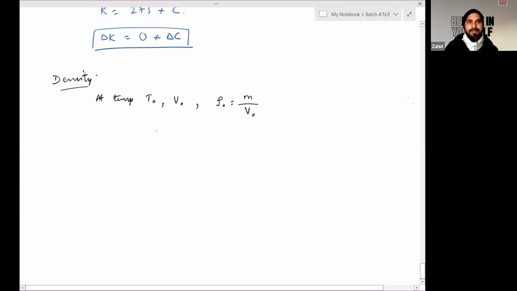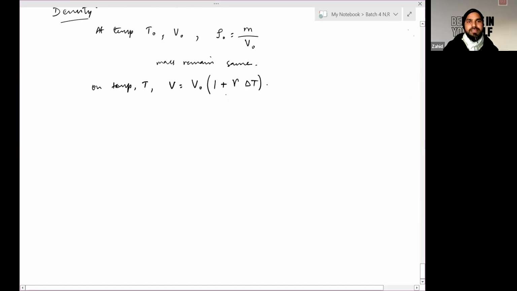So we can say mass remains the same. So on temperature T, volume will become V naught times 1 plus gamma delta T according to expansion. So from this relation, we may find density. Density at some temperature T equals mass divided by volume.